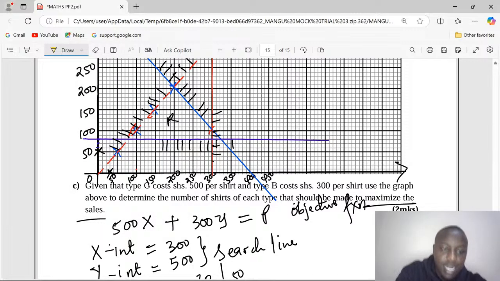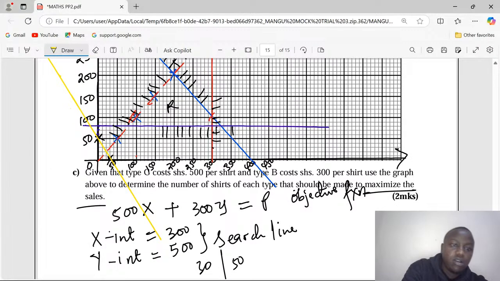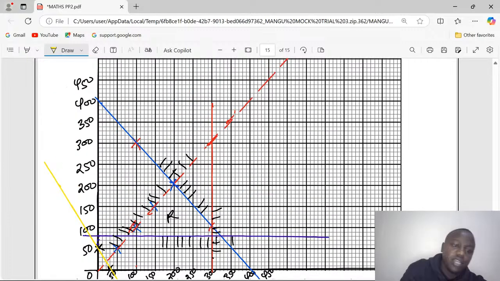Let me change the color. I'm doing it in yellow. So the search line is going to pass here. That is going to be the search line.